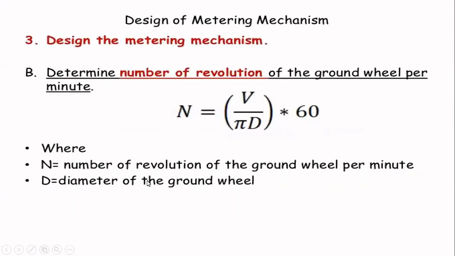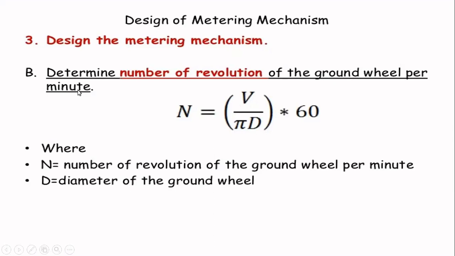Now design the metering mechanism. This is also a very difficult task. I told you the travel of this seed plate is pi d n. So n, the number of revolutions, is calculated as velocity divided by pi d, into 60. Why 60?